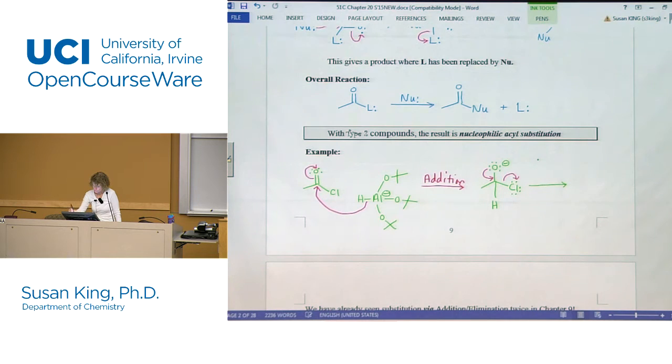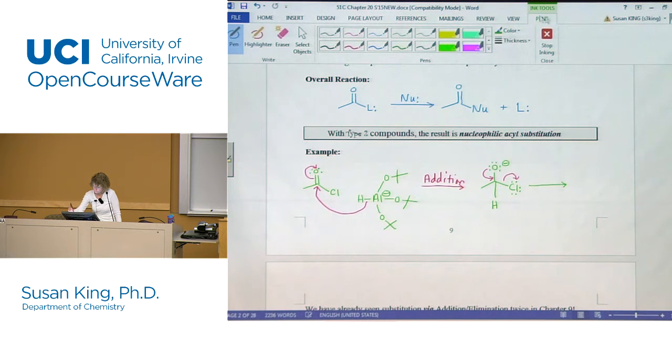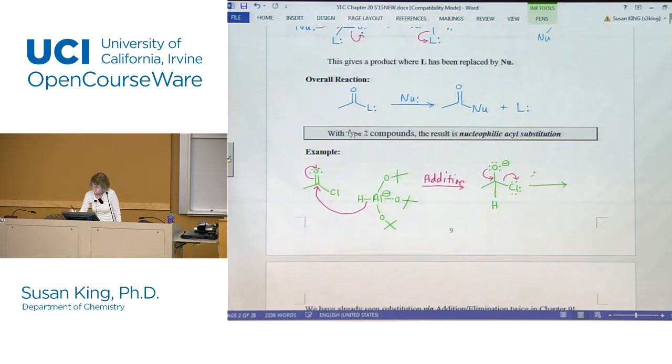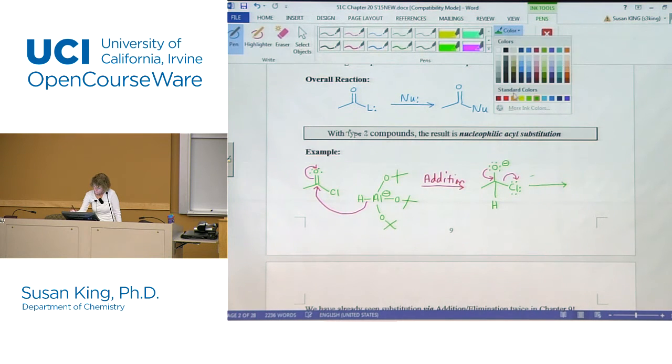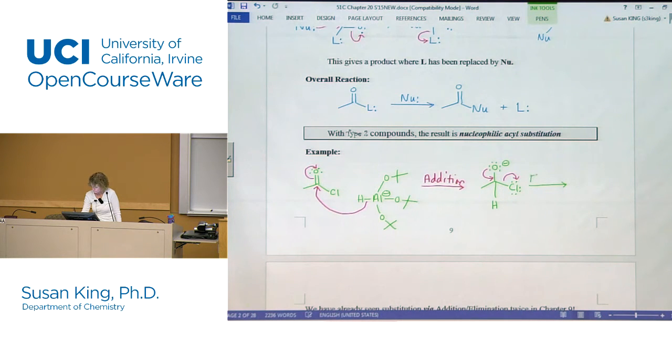That's elimination. Addition, elimination. And when we do this reaction, we've turned our acid chloride into an aldehyde. So that's a reaction that we're going to be talking about in this chapter.